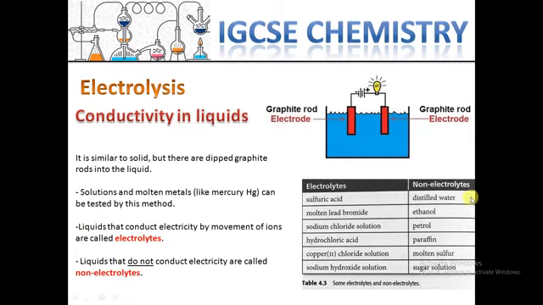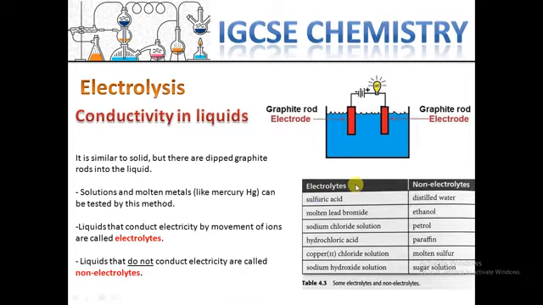For example, pure water is a non-electrolyte. Water cannot make a connection, and neither can ethanol, petrol, paraffin, molten sulfur and sugar solution. If you put sugar in, there is no conductivity. They are non-electrolytes.